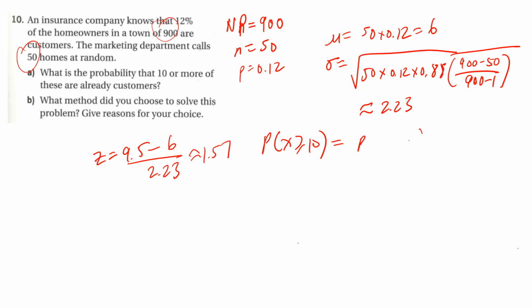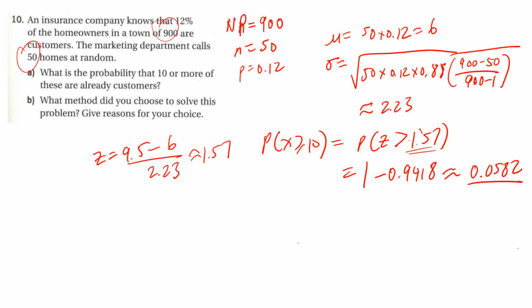We want the probability of a z-score greater than 1.57. So 1 minus, from the z-score table for 1.57, 0.9418, which gives us around 0.0582. So there's about a 5.82% chance that we'll have 10 or more that are already customers.